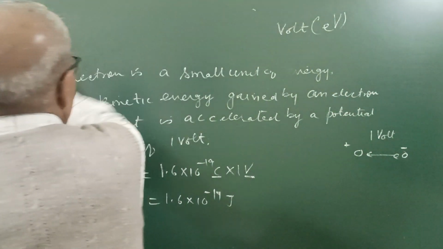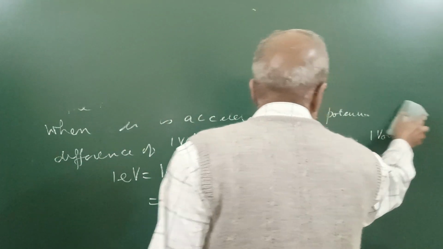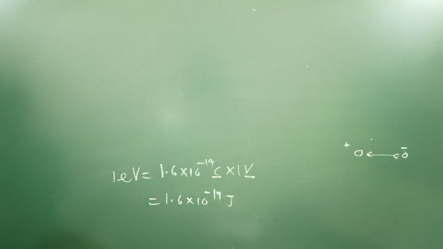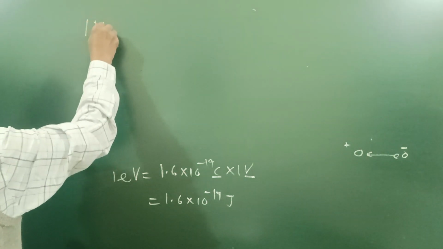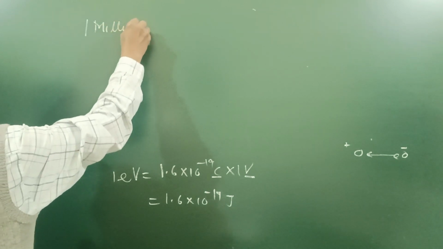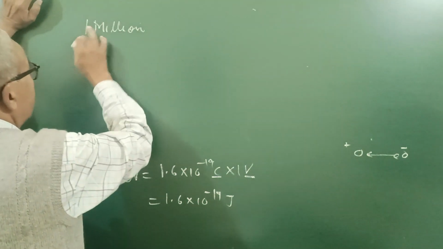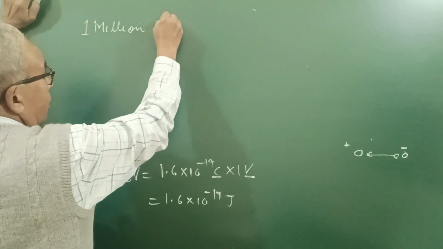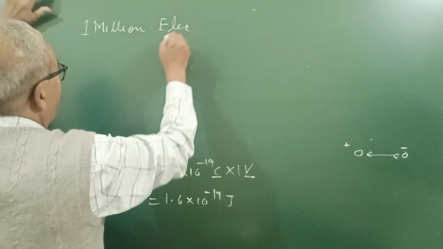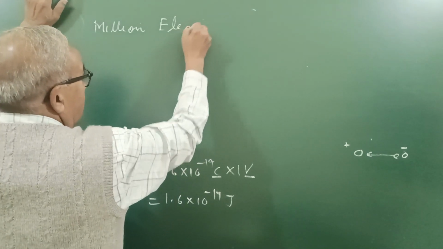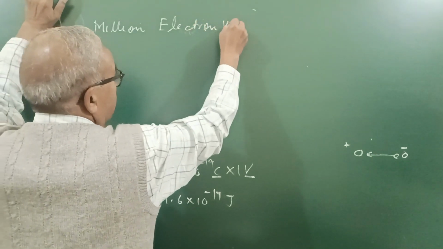So we use here another unit, bigger than electron volt, just to express the energy possessed by nuclei and particles of the size of nucleus. 1 million, some people call it mega also, 1 million electron volt.